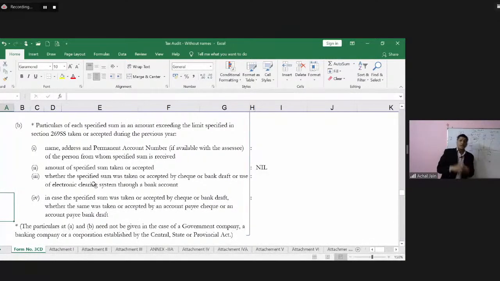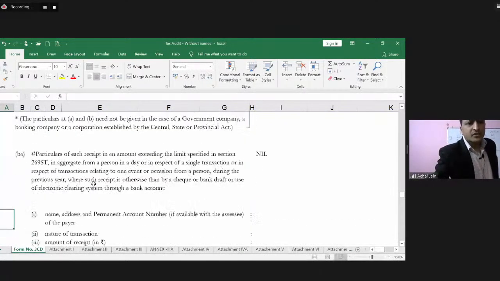Any amount taken or accepted during the year other than loan or deposit will come under this clause, and under this clause, again, all those particulars will have to be reported. Clear?